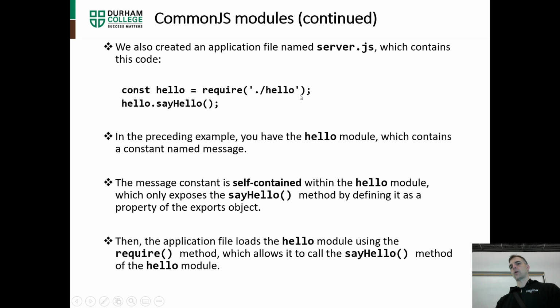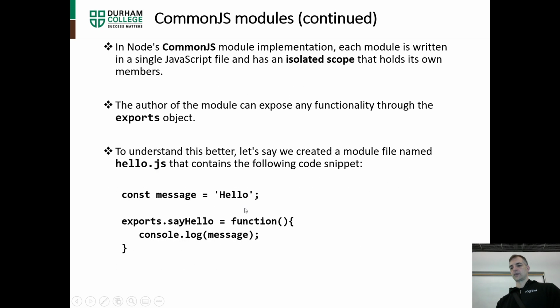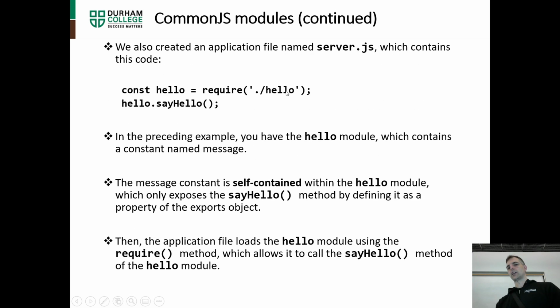Notice that when I require something, if it was hello.js, I don't write hello.js. I just say require hello. You don't need to include the JS. It's a convention. Why? Because developers figured everything is going to be JavaScript, so why would I have to include an extension? That's why you don't need to include it.